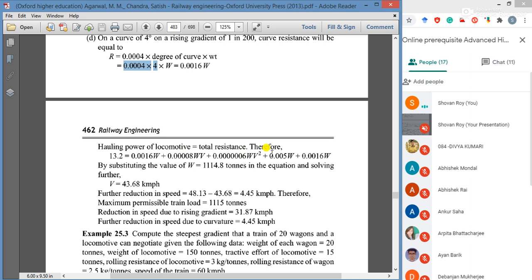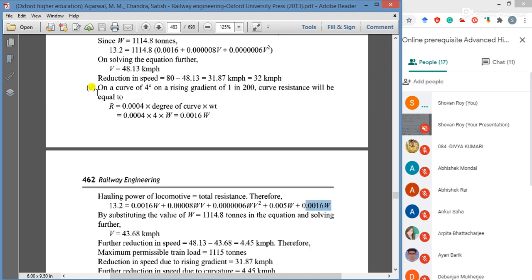The hauling power of the locomotive is the total resistance. Now all the resistances will be added. The hauling power is 13.2. This is resistance due to friction, this is resistance due to wave, this is resistance due to wind, this is resistance due to gradient, and finally this is resistance due to curvature.